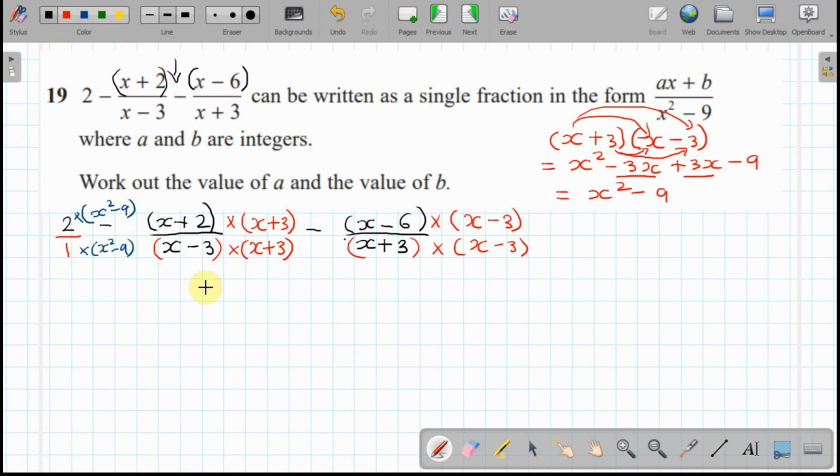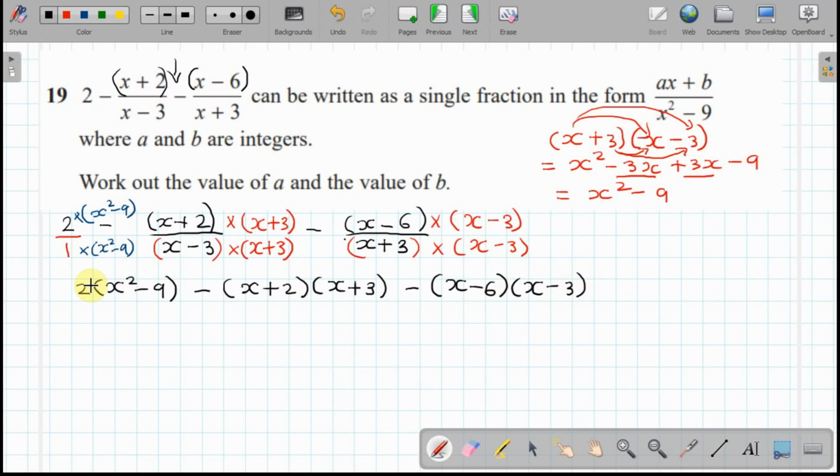So this is what my expression should look like: 2 brackets x squared minus 9, minus bracket x plus 2 times x plus 3, minus bracket x minus 6 times x minus 3, all of it over one denominator, which is x squared minus 9.